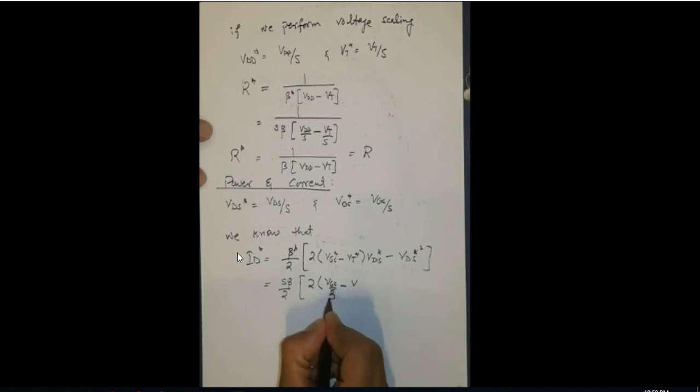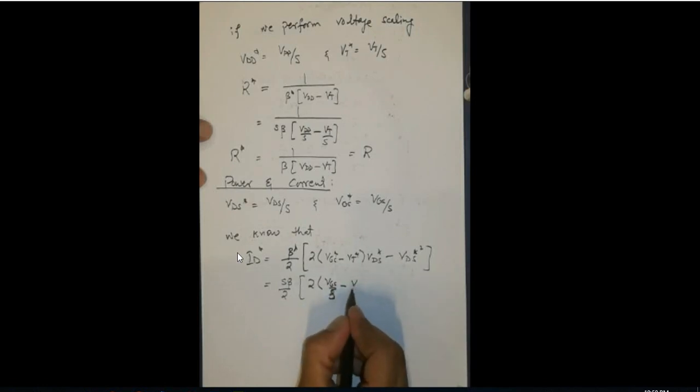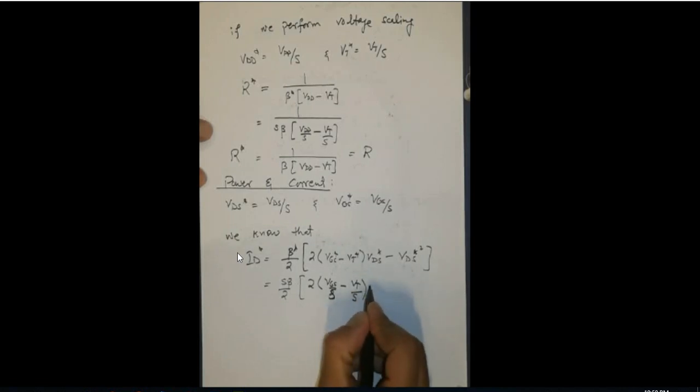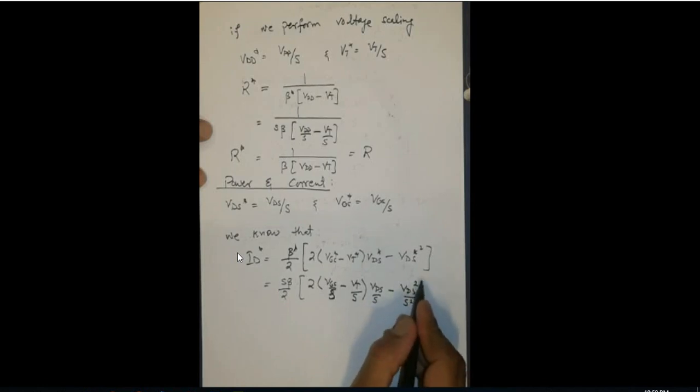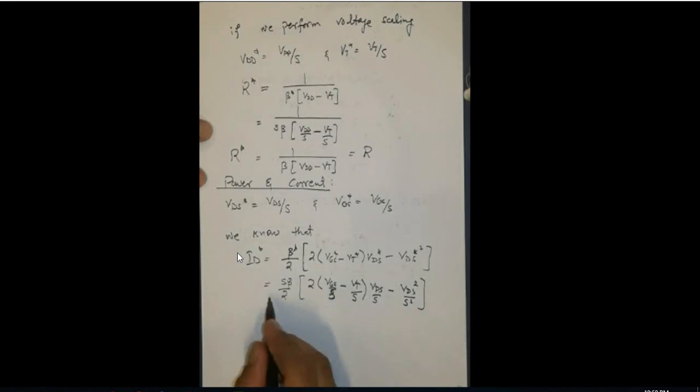The factor here will be S, and this will be VT by S, and then we have VDS by S minus VDS by S, that is obviously squared and S is squared. So if we solve this expression, the final expression that comes out is ID star is equal to 1 over S into ID.